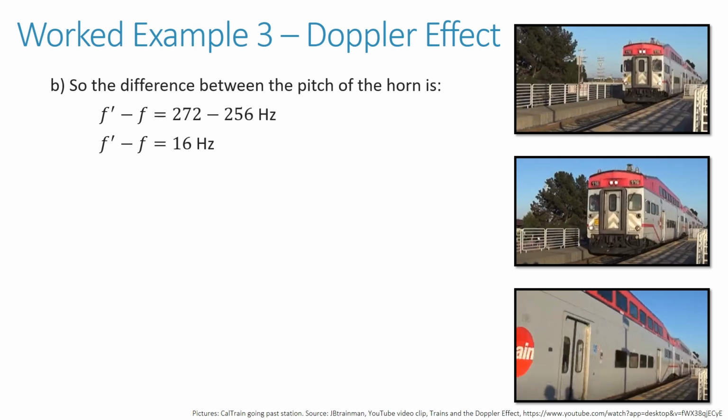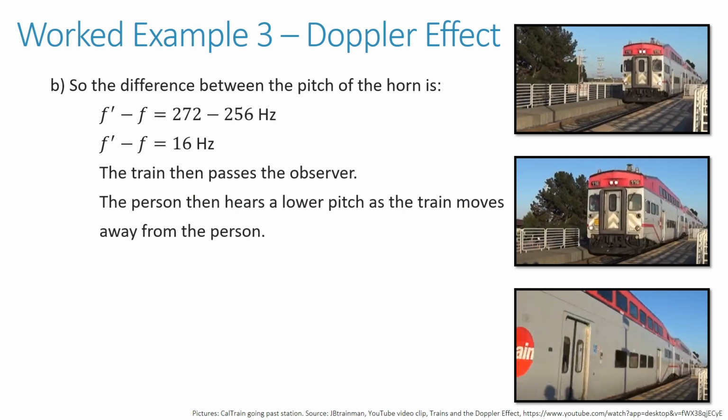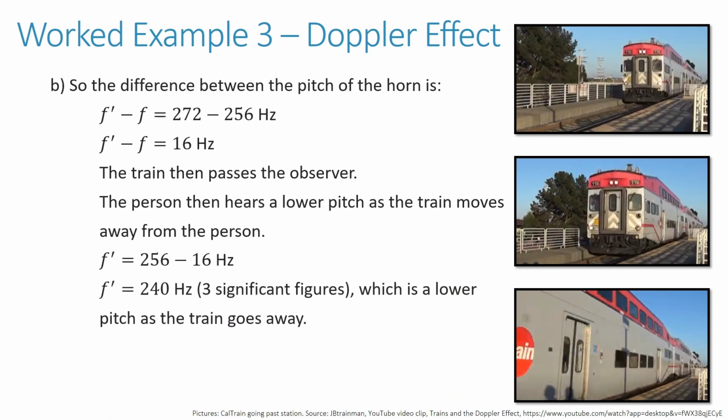Quite a notable, significant difference in pitch. As the train passes the observer, the person then hears a lower pitch as the train moves away. So we subtract 16 Hertz from 256, the train horn, and we end up with 240 Hertz, again to three significant figures, which is a lower pitch as the train goes away.